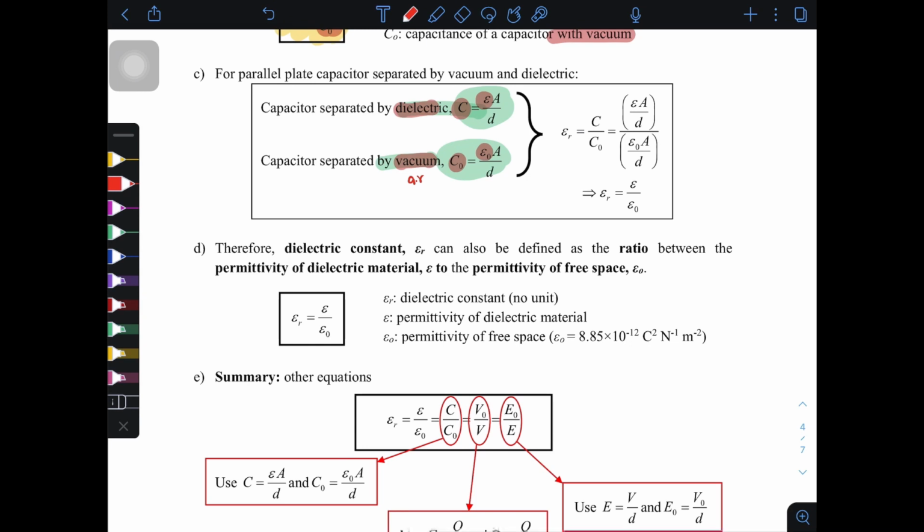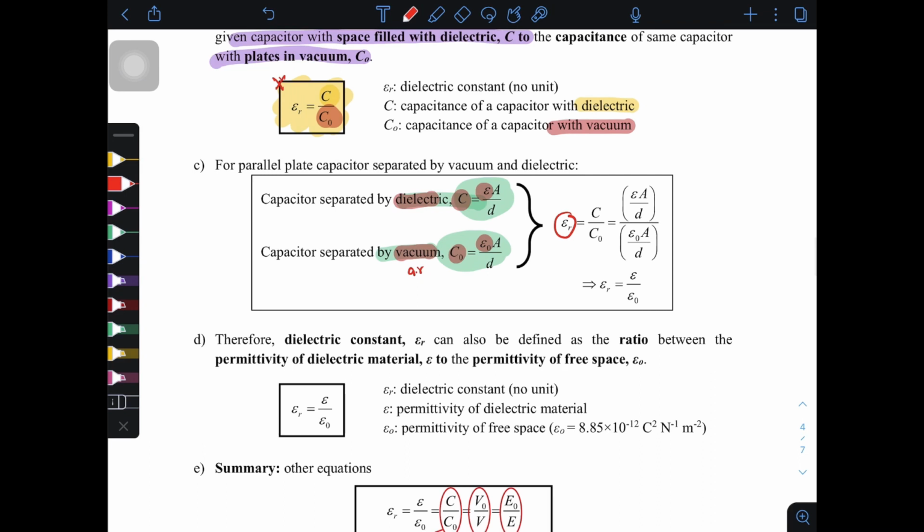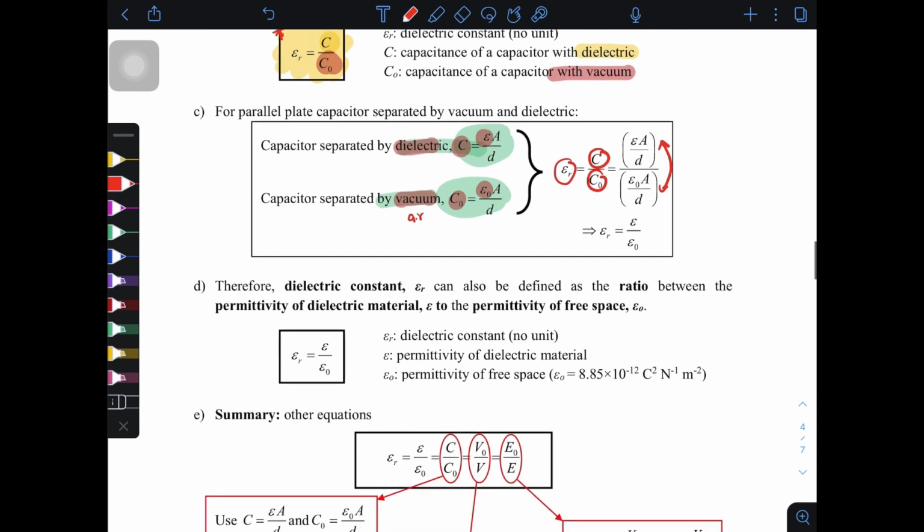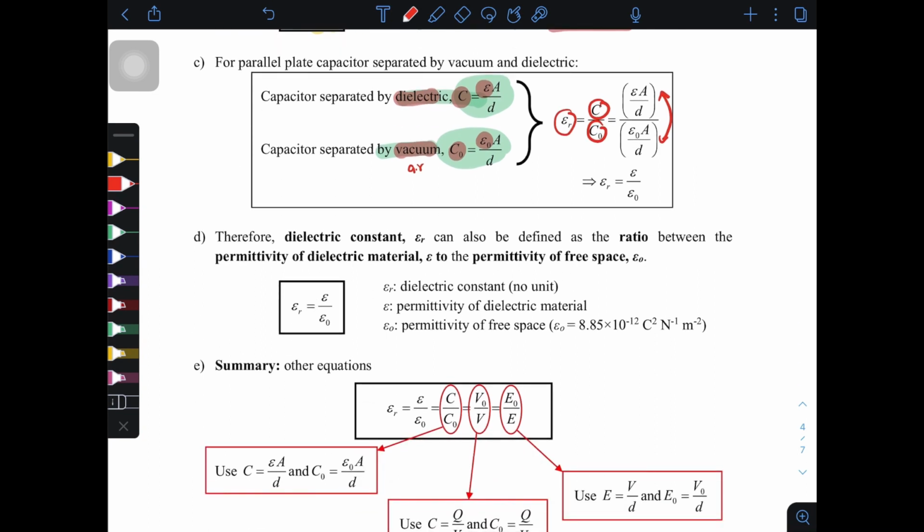Okay, so untuk dapatkan epsilon R, we know that epsilon R is equals to C over C naught. So C over C naught, kita akan divide these two equations. So we know that epsilon R is also equals to epsilon over epsilon naught. Okay, from here kita akan dapat this one.